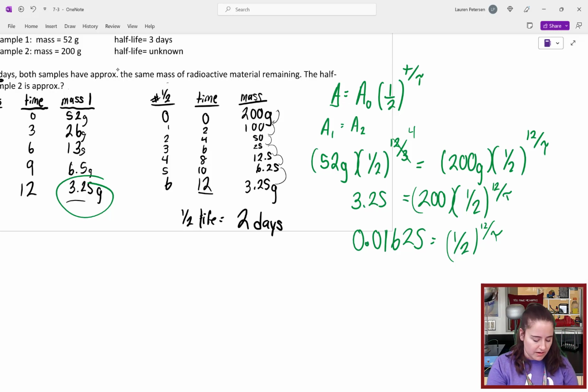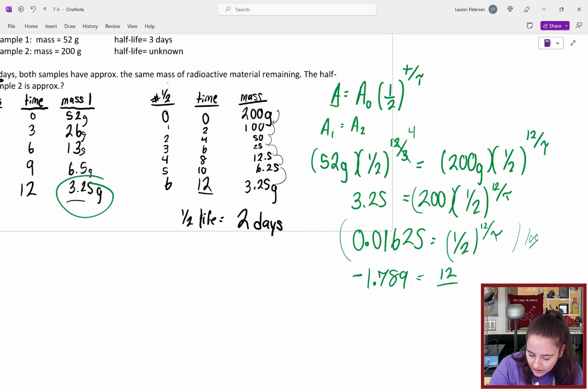How do we get this out of there? We get it out of the exponent by taking the log of both sides. The log of 0.01625 is negative 1.789. When we take the log, that will pull the exponent out in front.